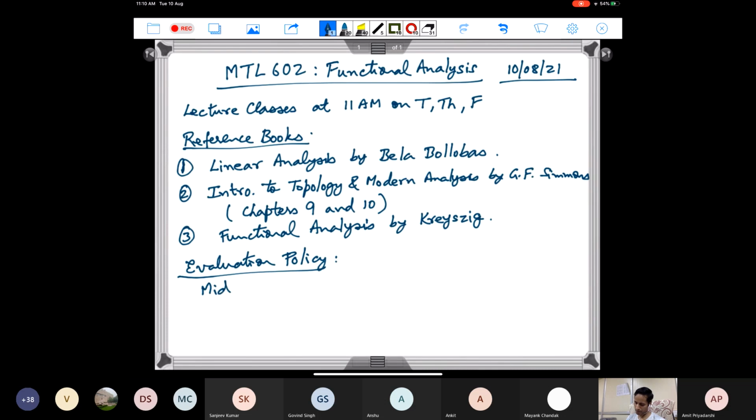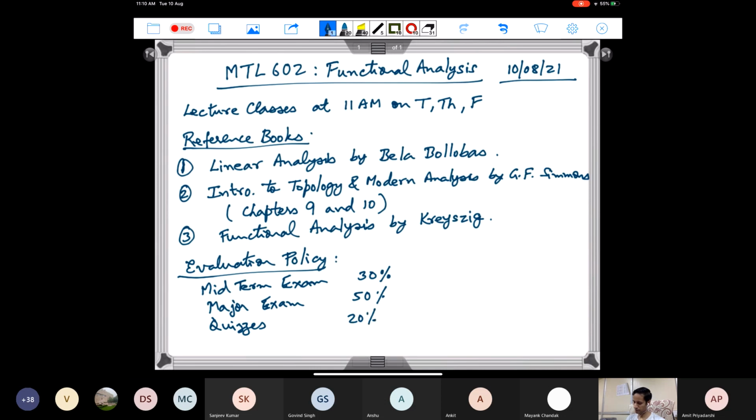The midterm exam will be for 30 marks, 30% weightage, and major exam is 50%, and quizzes 20%.